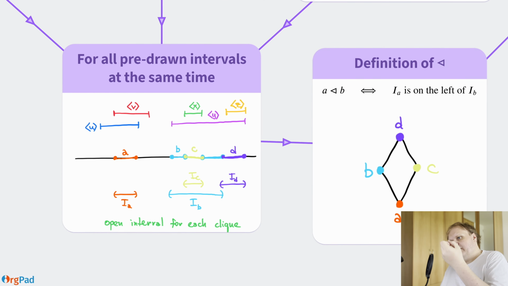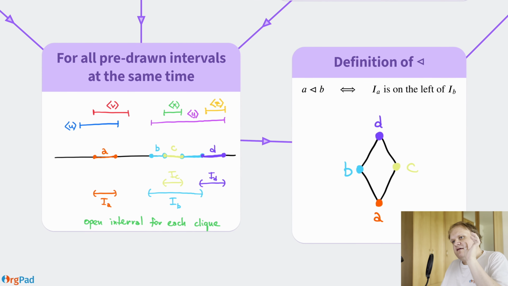And now the main idea is that if the interval for some clique appears on the left of the other interval, then we necessarily know that the A clique appears on the left of the B clique. So the ordering is defined by that A is smaller than B if and only if the interval for A appears on the left of the interval for B.